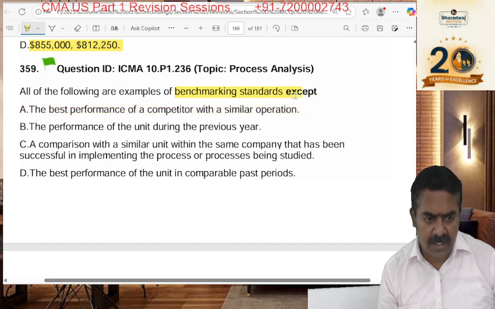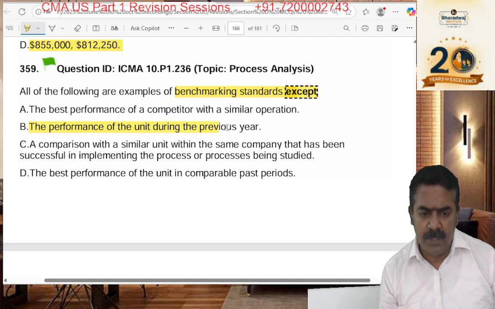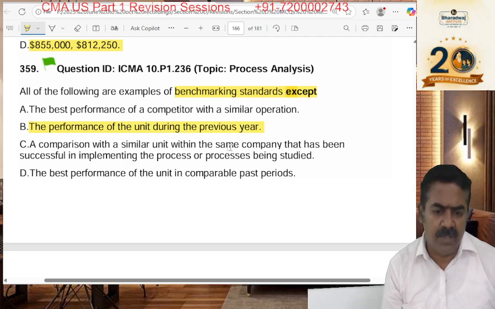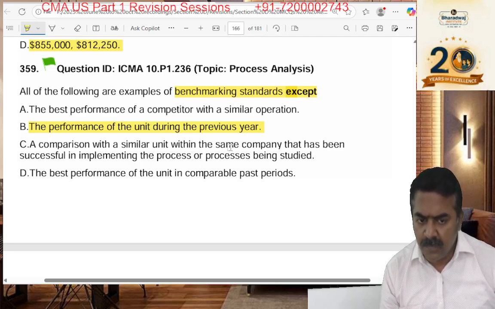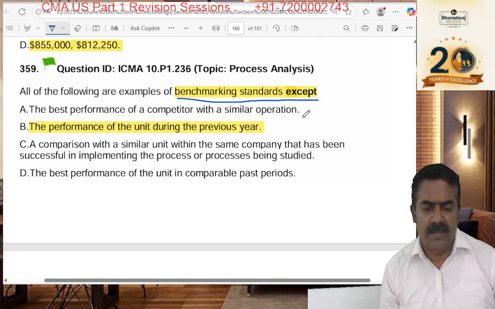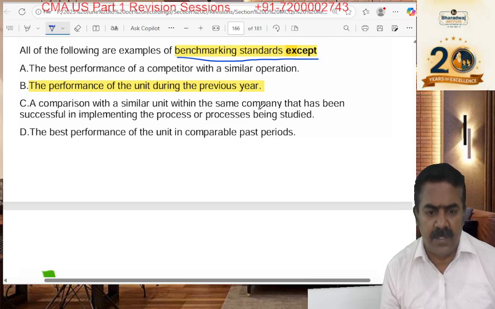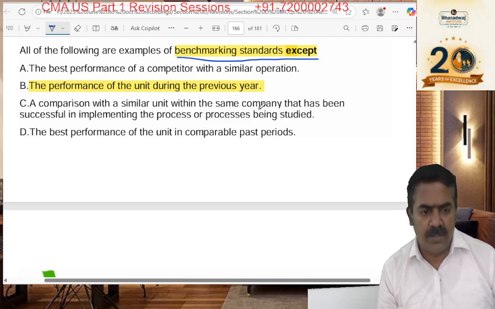Examples of benchmarking standards, exception category. They ask you the exceptions to the benchmarking standards. Benchmarking is nothing to do with which one? Previous year performance. No, benchmarking is to do with the best practices in the industry externally. There is zero-based budgeting: keeping the performance of the last year as a base is which one?